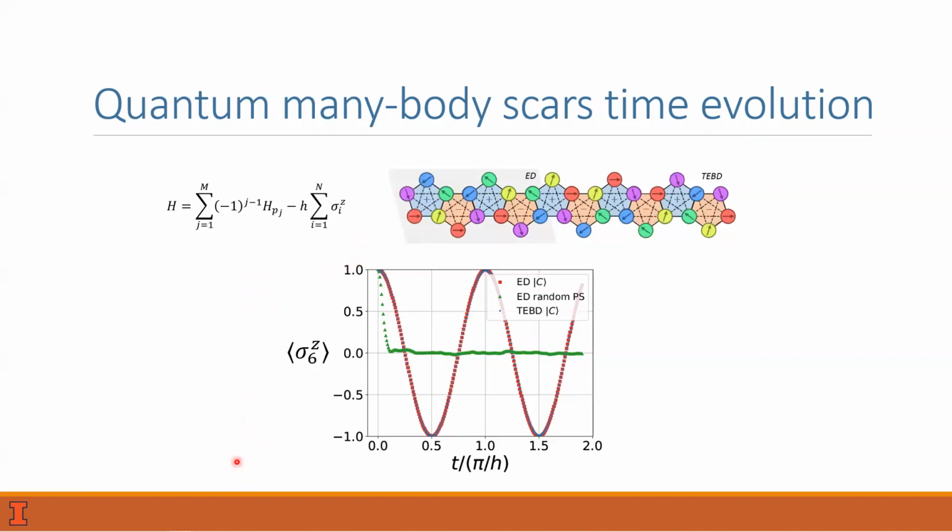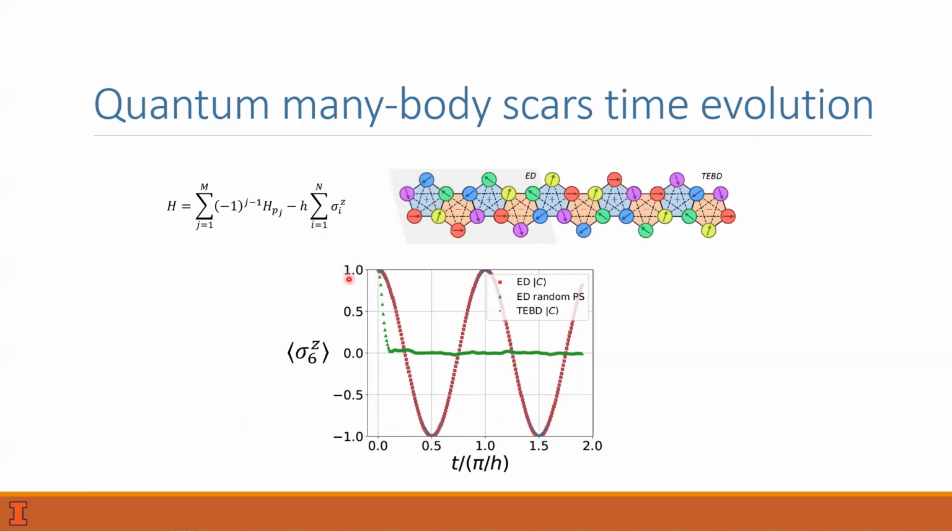So here's an example of this. Here on top I'm showing the scar state, the spiral colored state. These spins are in a certain state, and if you initialize in this state and time evolve under this Hamiltonian, you get periodic oscillations.